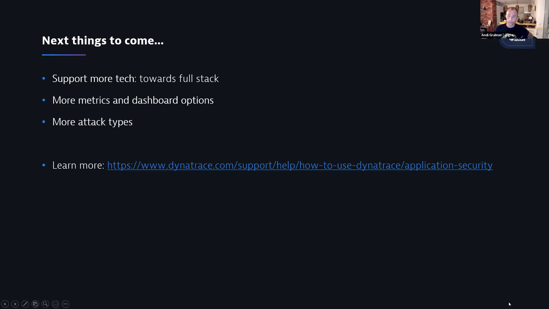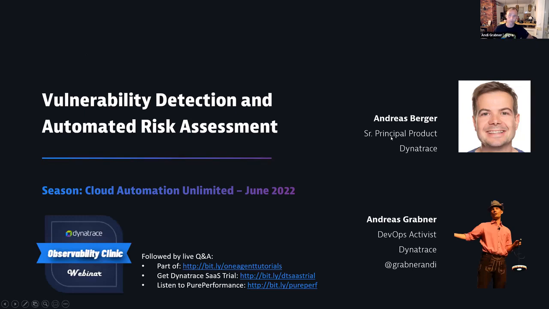There's one final question that I haven't yet answered. It's about being more granular and having more control over which kind of environment is getting AppSec enabled, whether there's a plan to do this via tagging, via management zones, or what's possible right now. What's possible right now is you need to differentiate a bit between vulnerability detection and attack protection.